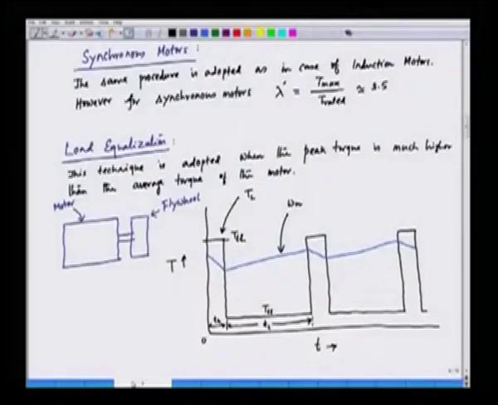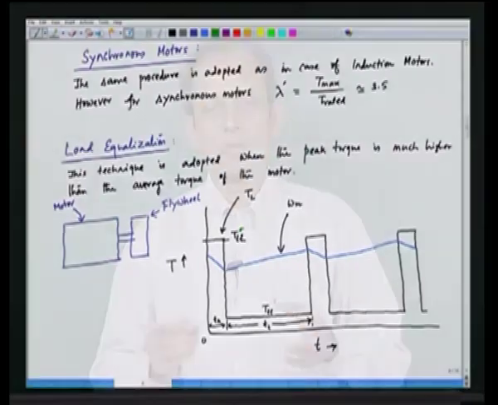So, TLL is basically the low part of the load, and this is applied for TL duration, and TLH is the high part of the load, and this is applied for TH duration. Now, what we do in this case is that we fix our flywheel with the motor.